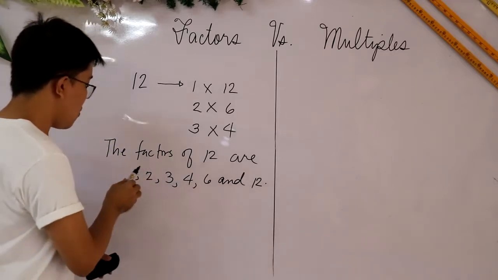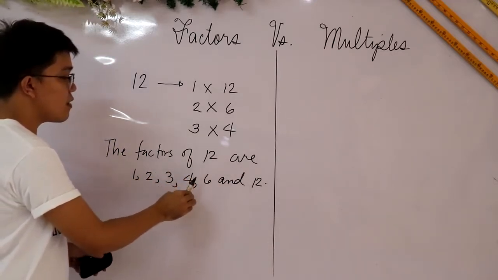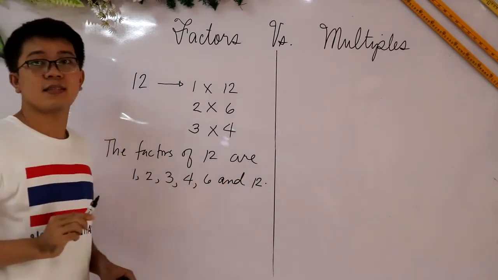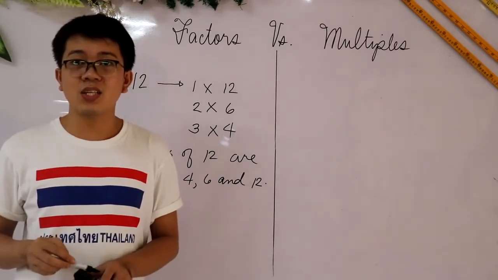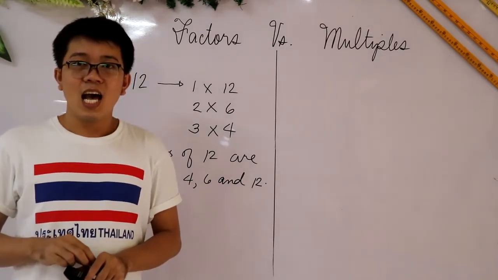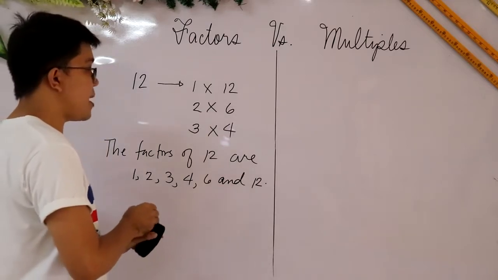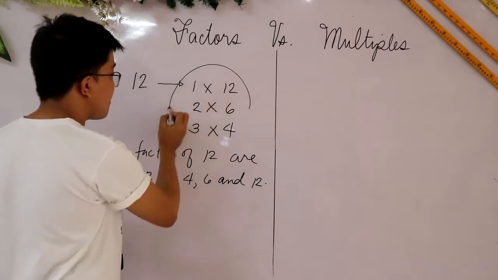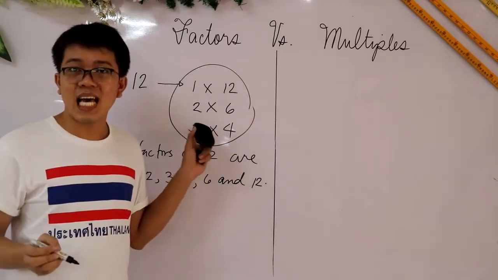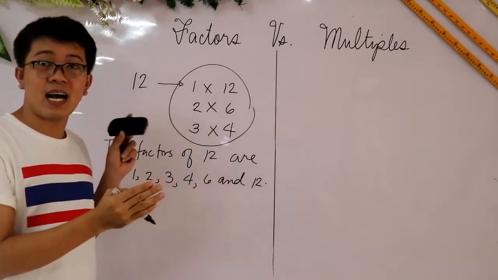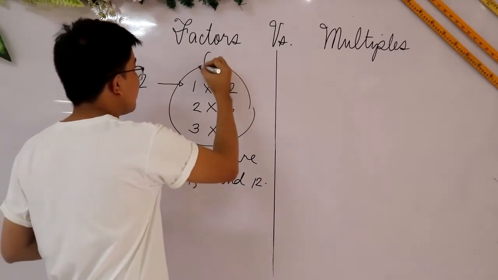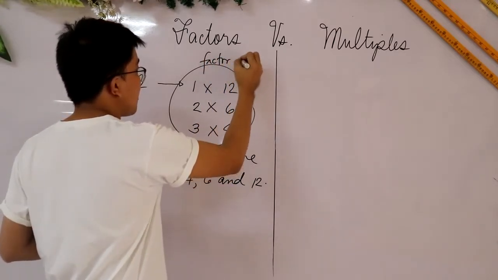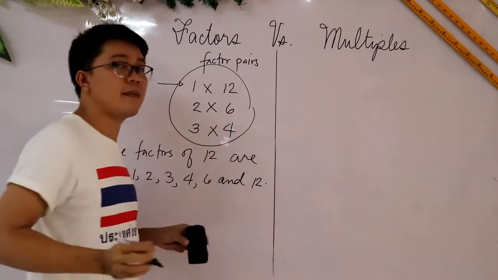Let's count. 1, 2, 3, 4, 5, 6. There are 6 factors of 12. How about these numbers here above? What do we call this set of numbers? We call this set or pair of numbers factor pairs.